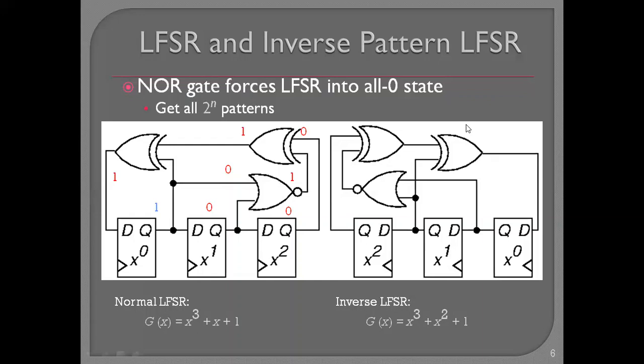Now coming to this part, what is this? This is just the same structure, but here the shifting has been in the opposite direction. So I have changed the direction of the shift. अब LFSR का काम क्या है? LFSR का काम है कि आपको random sequence generate करता है, ठीक है?